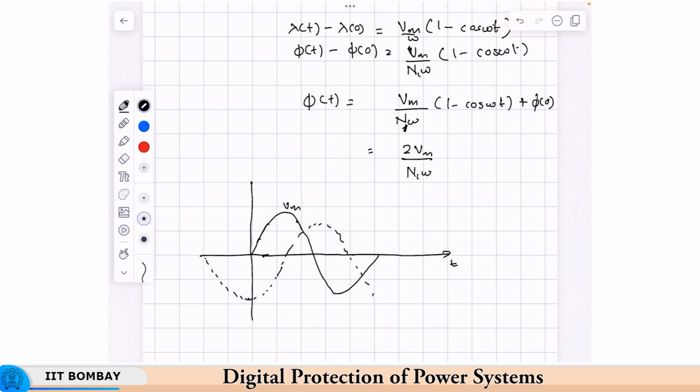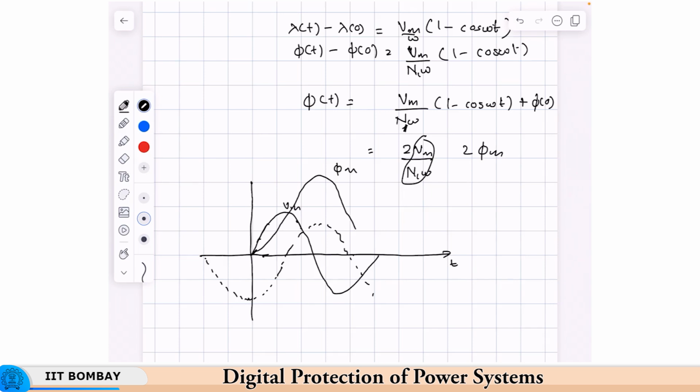But now, since there is no phi naught, and since we have energized the transformer here, the flux has to start here and reach this value 2 phi m. Say if this was phi m, then this will become 2 phi m. Something like this.